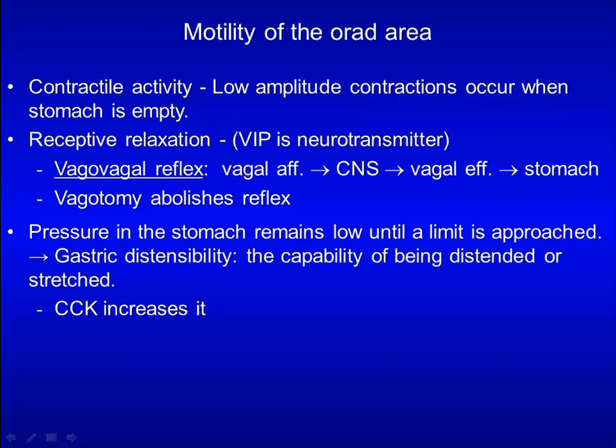Stimuli are transmitted through vagal afferent sensory nerves to the brainstem and back to stomach through vagal efferent nerves. Vagotomy abolishes this reflex. Pressure in the stomach remains low until a limit is approached.